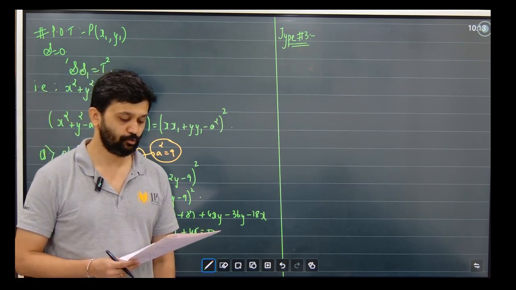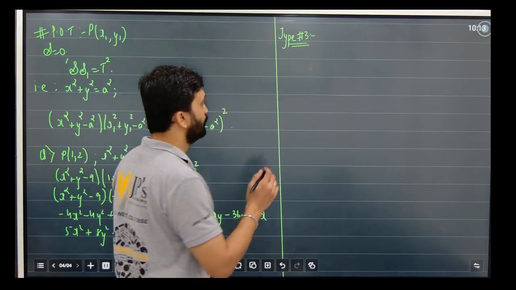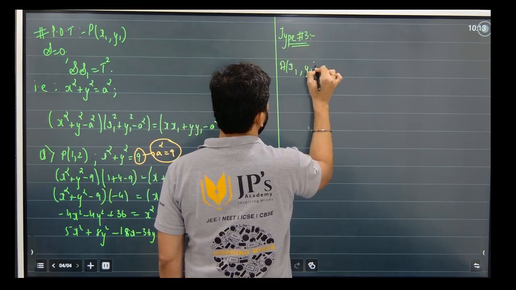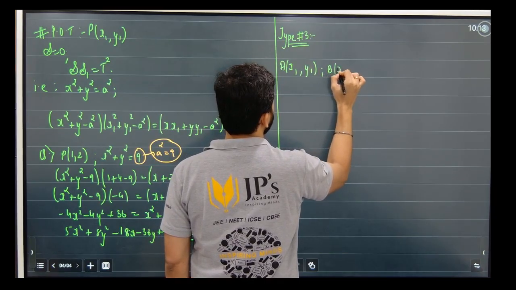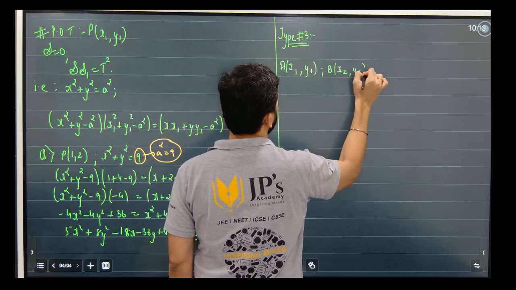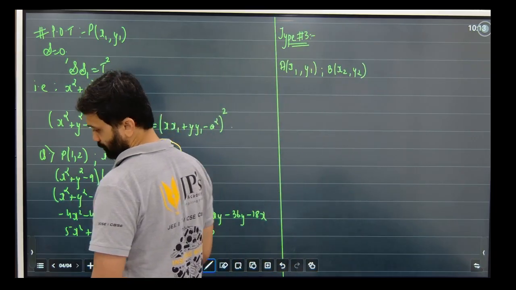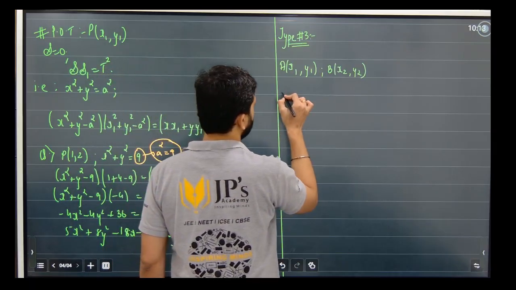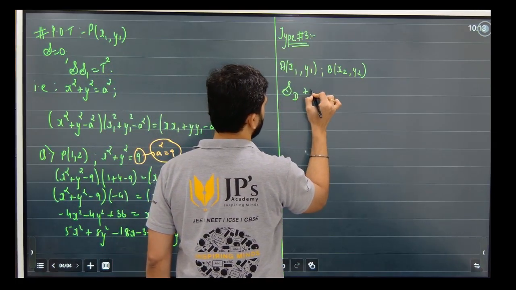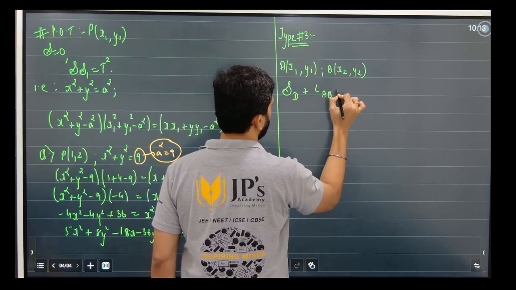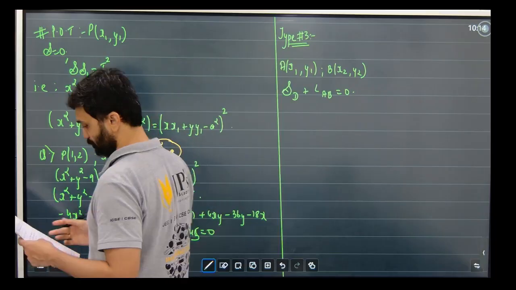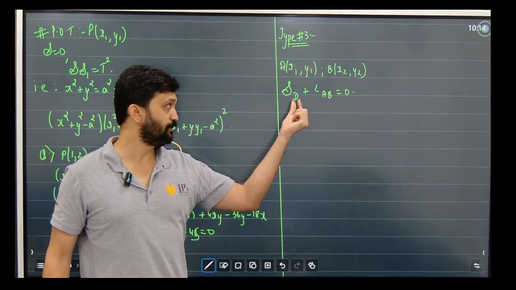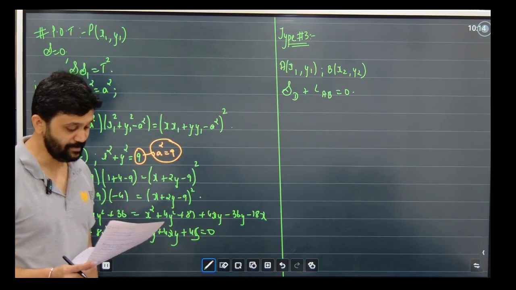The equation of family of circles which are passing through two fixed points A(x1, y1) and B(x2, y2) is given as circle in diameter form plus lambda times line AB.